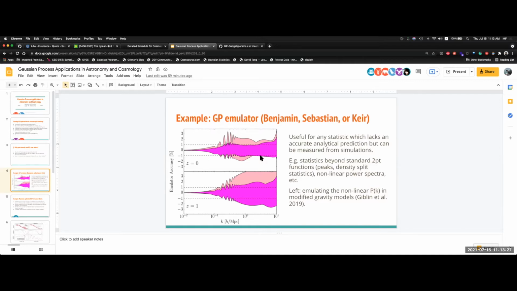And I think it's a very theoretically motivated kernel because you assume that statistics vary smoothly, and the closer they are to a simulation node, the closer that statistic will be to the one measured from the simulation. So it all makes sense. But I haven't seen people actually vary the kernel so much. So I'd be really interested to hear if other people have tried other kernels and what the effects were.